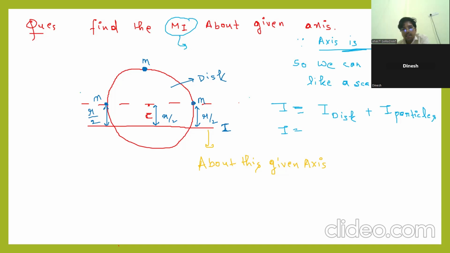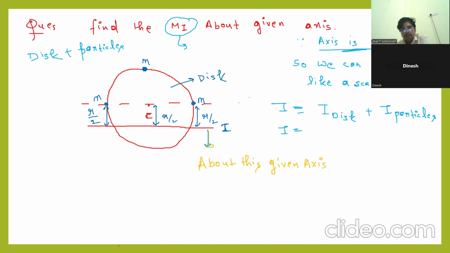Since this whole arrangement is made up of disk plus particles, the total moment of inertia about this given axis will be the moment of inertia of the disk and the moment of inertia of the particles. Clear?